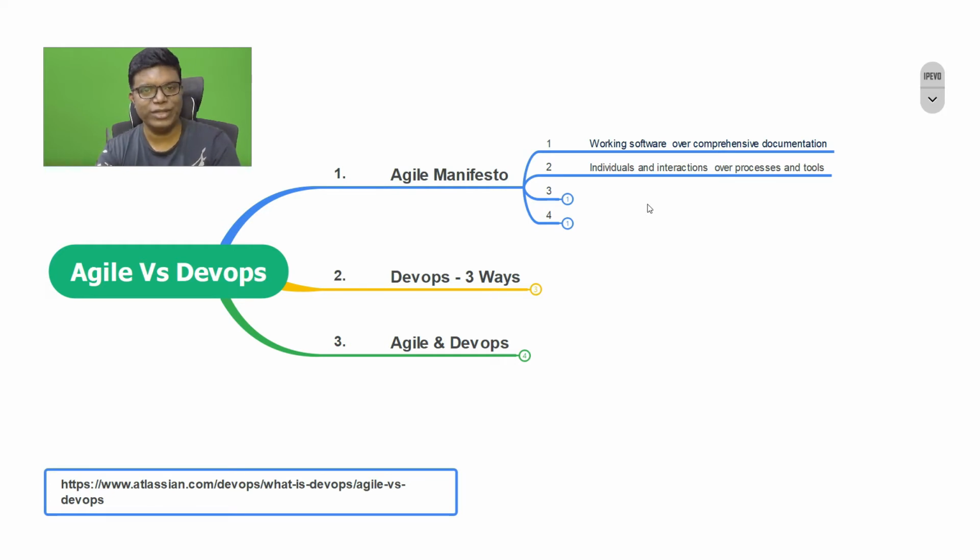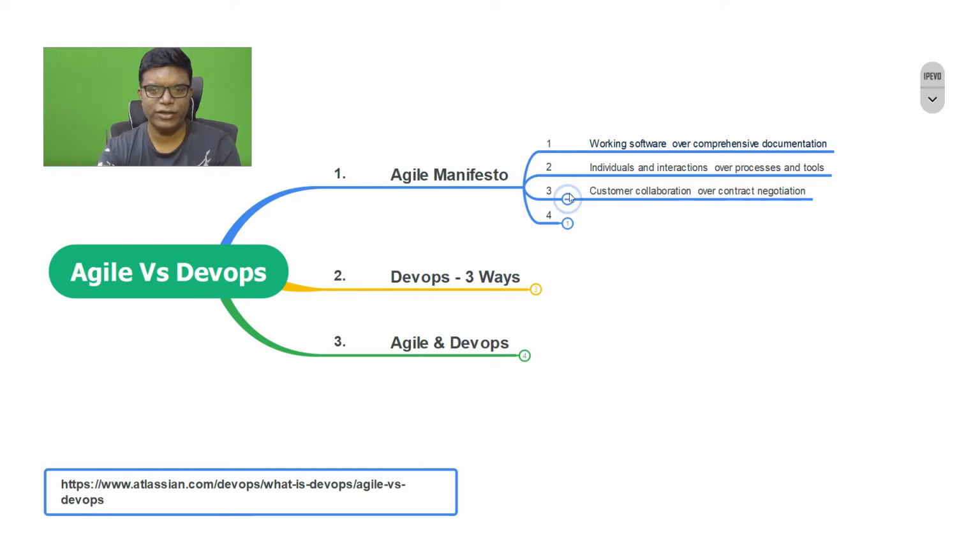Individuals and interactions are more important than processes and tools. Of course, processes and tools are important, but the emphasis was on the people aspect, and Agile started working around how it can enhance that. That's where 2-week sprints and two-pizza teams came into the picture.